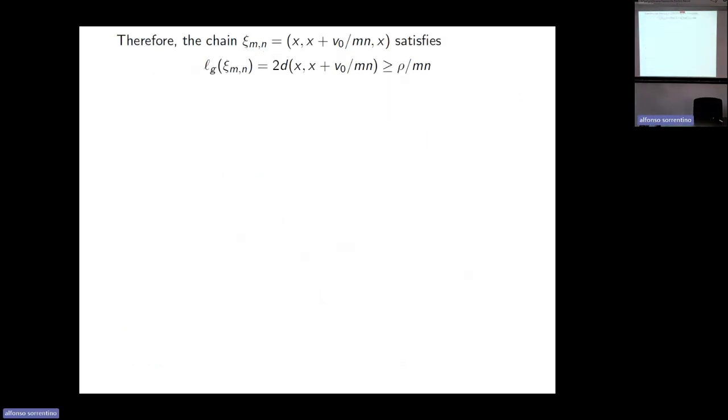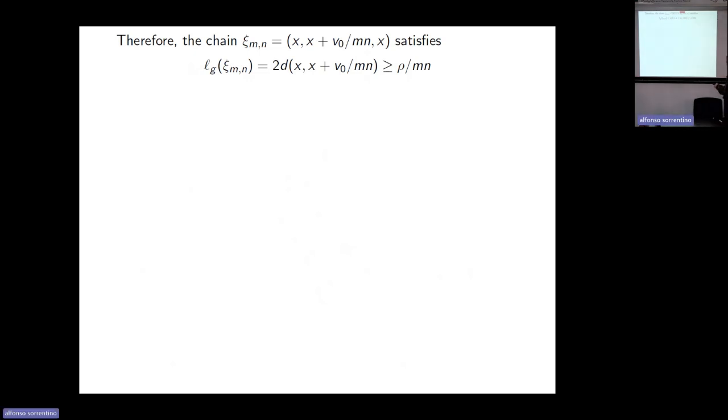So what do I get? This chain satisfies that the length of the chain is larger than twice the distance from x to x plus v0 divided by mn. So it's larger than 2 rho divided by mn. But it's also true that it's larger than rho divided by mn, but it's 2 rho over mn here.